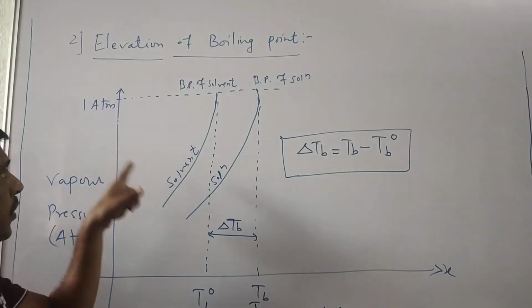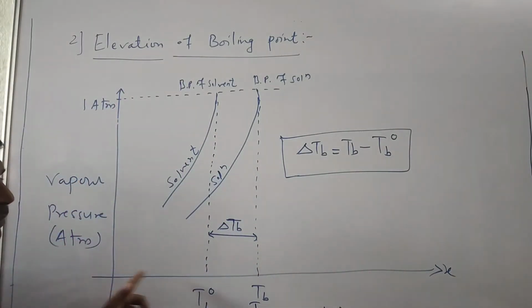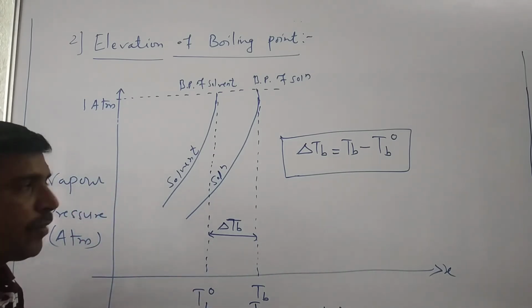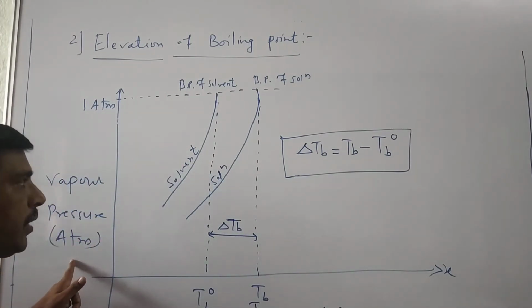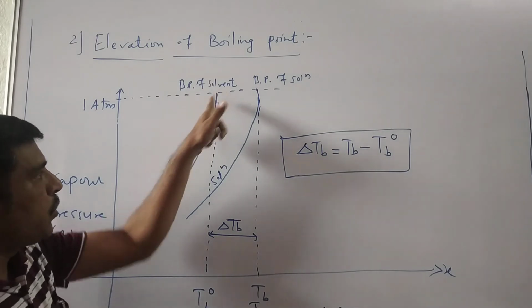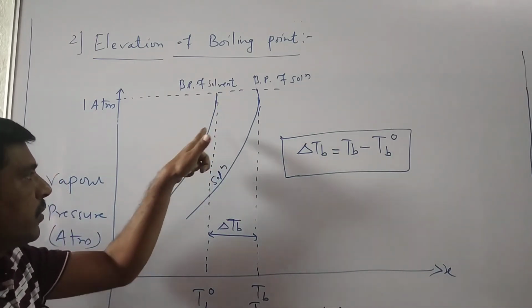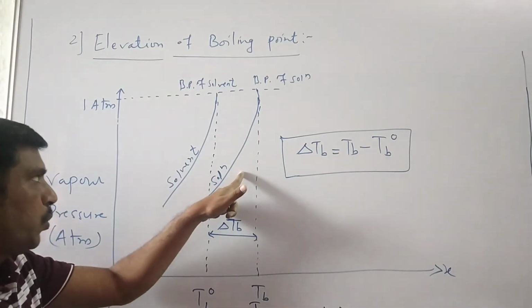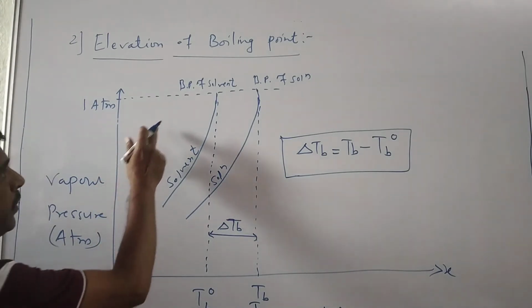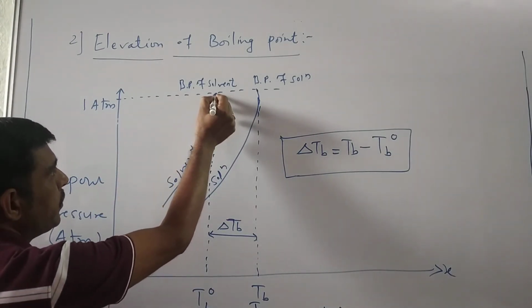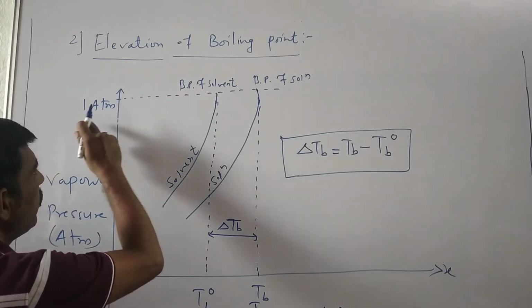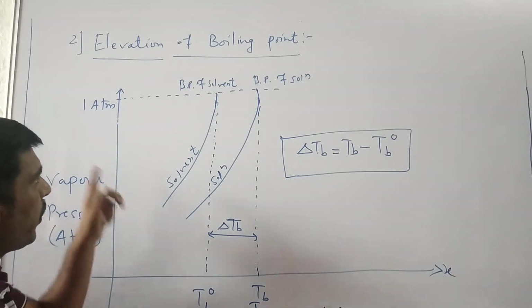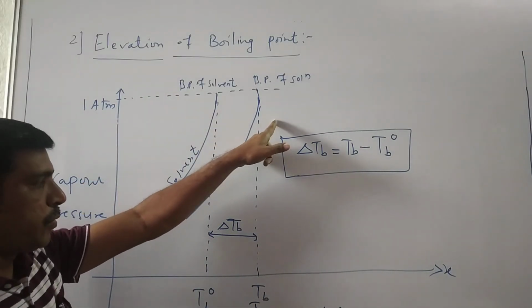Okay. So first of all, we have drawn this x and y axis. Along the x-axis, we have taken the temperature in Kelvin, and on the y-axis, we have taken the vapor pressure in atmosphere. Here we got two curves, the first curve for the solvent and the second curve for the solution. And this upper point is the boiling point of solvent when its vapor pressure equals 1 atmosphere. Similar for the solution also.